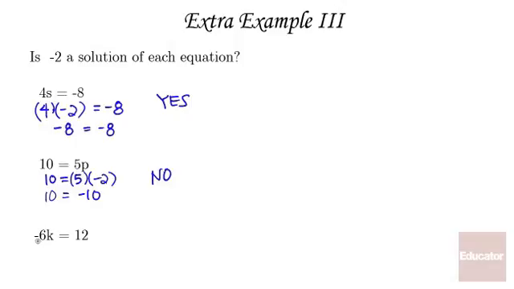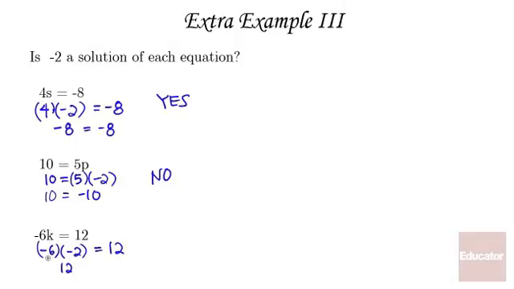And this one, negative 6 times negative 2 equals positive 12. So again, I'm going to write that in parentheses to show that I'm going to multiply them. 6 times 2 we know is 12. Now here I have two negative signs, right?